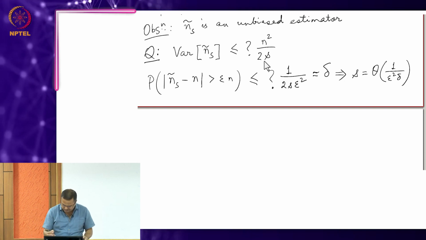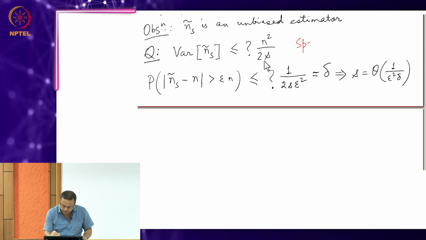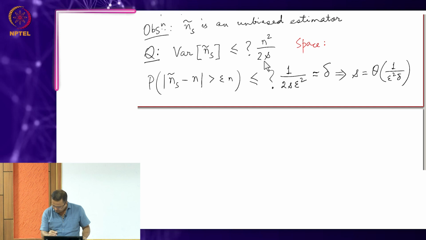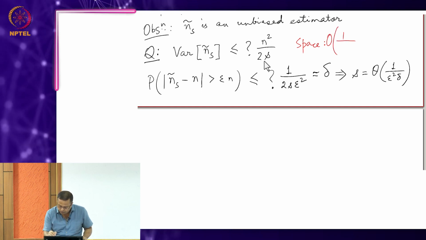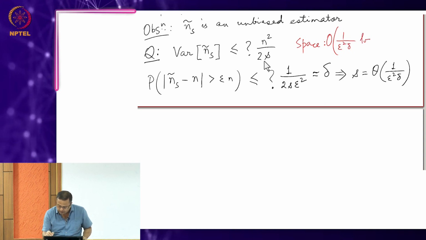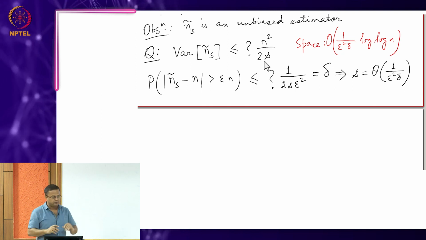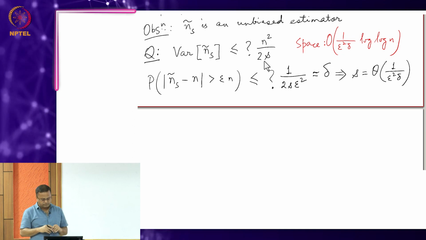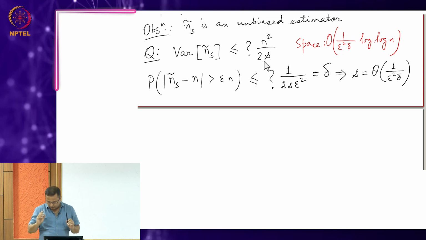So just as a sanity check, what is my space? Space is order of 1 by epsilon square delta, and you need a log n, right? That is your space. So that is Morris plus.